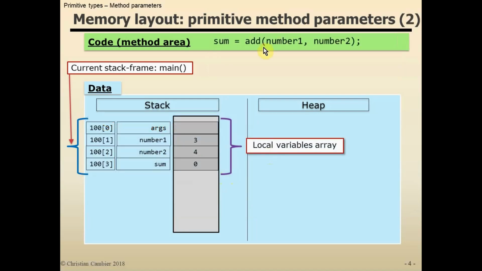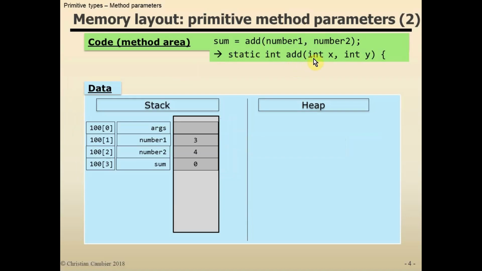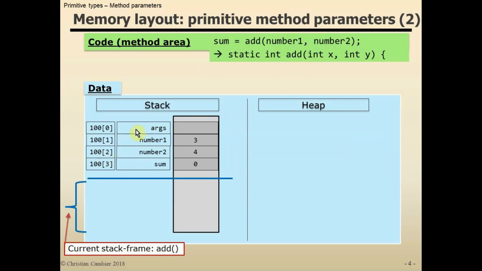Whenever we invoke a method, the Java runtime environment jumps to the implementation of the add method. Since this is a new method, what is created next to the stack frame of the main method is a new stack frame, this time for the add method, where it'll store its local variables and parameters, if there are any.